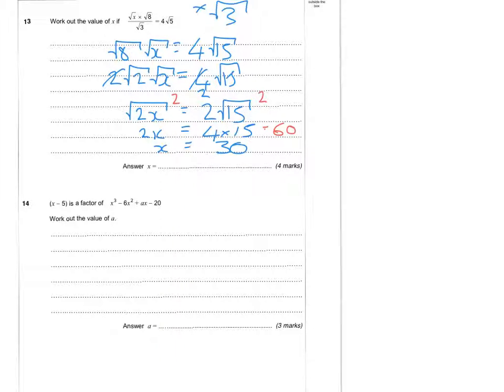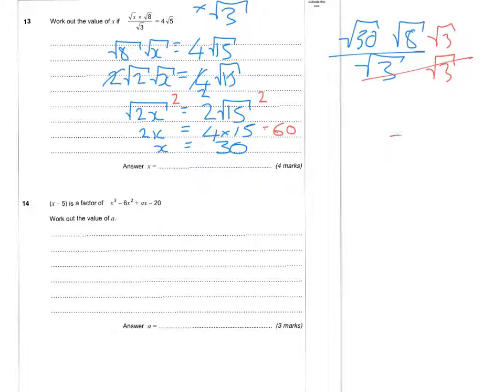Checking it, I suppose I better check. Root 30 root 8 over root 3. So if I times that top and bottom by root 3 over root 3, they're going to make just 3. That's going to make root 90 root 8.